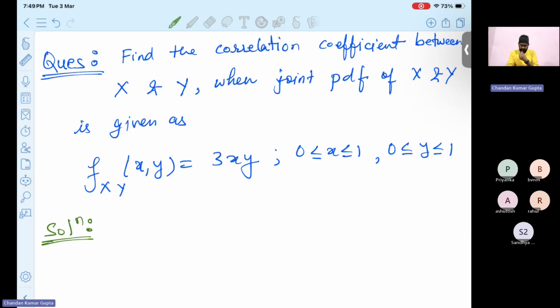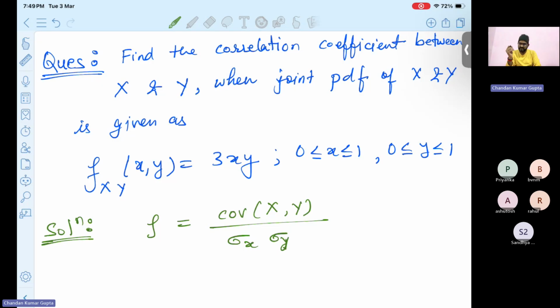So yes, the first formula is like the correlation coefficient, that is rho, is what? It's the covariance between x and y over sigma x, sigma y. Okay, so this is the case.